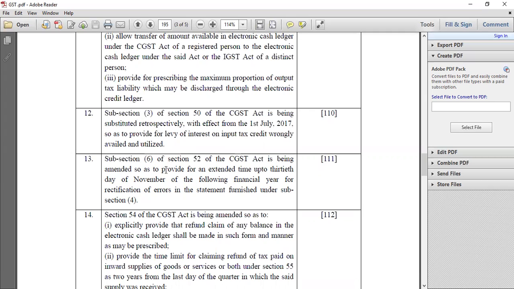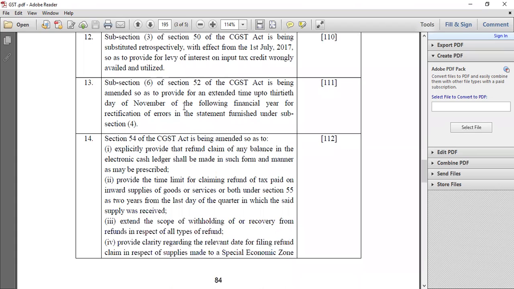If there is any error committed in filing GSTR 8 during a financial year, for example, financial year 2020-21, then the last date to rectify that error is 30th day of November 2021. This is in relation to TCS collectors. Section 52, Subsection 6 is being amended.